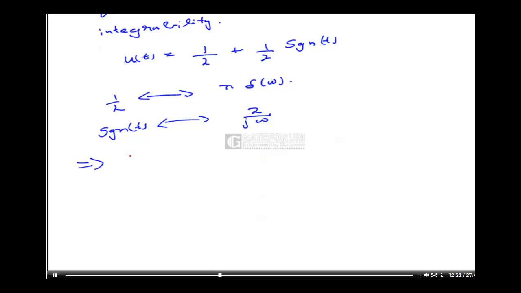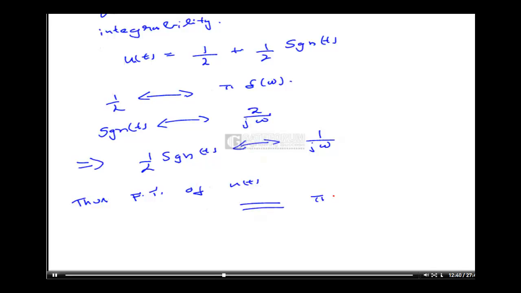This implies that 1/2 signum function will have a Fourier transform 1 by j omega. Thus, the Fourier transform of u(t) using the linearity property will be pi delta omega plus 1 by j omega. In this way, the Fourier transform of the unit step function is found.